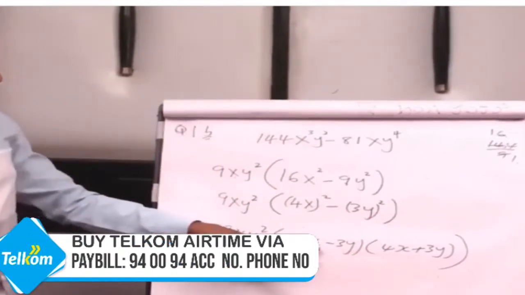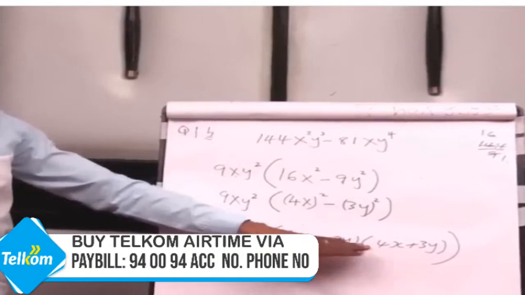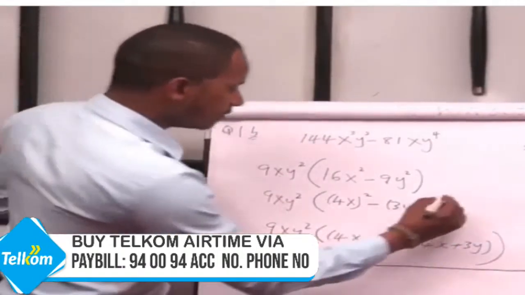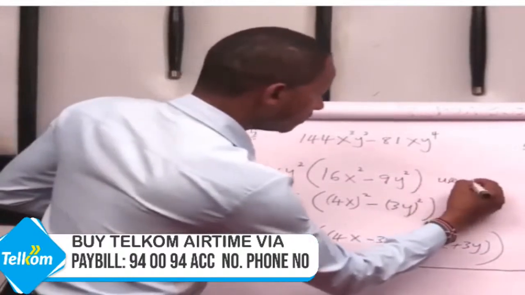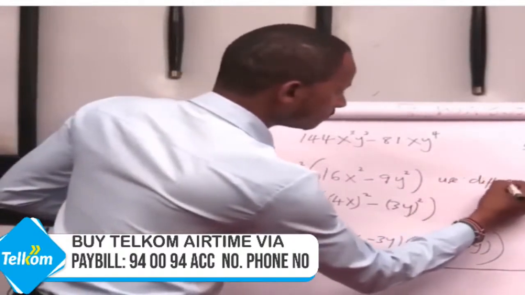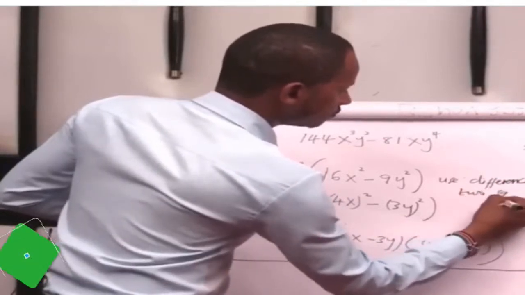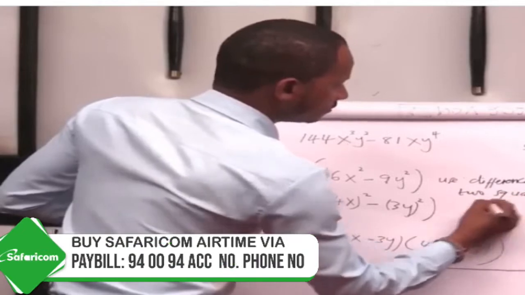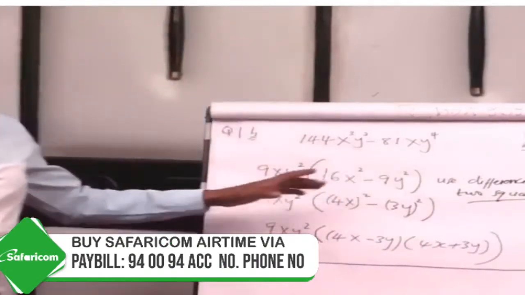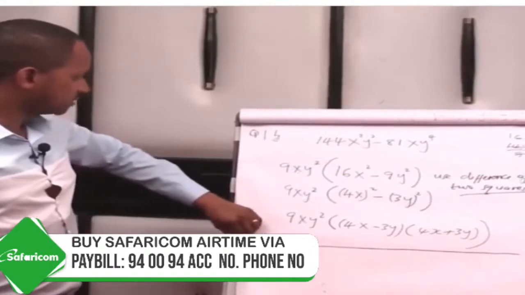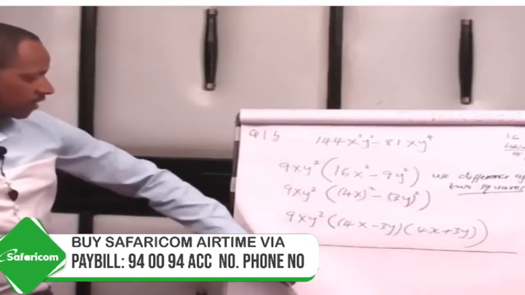But this is further simplification. It's called a difference of two squares. By now, you know this. Or rather, you should know that. Now, that is question 1b.